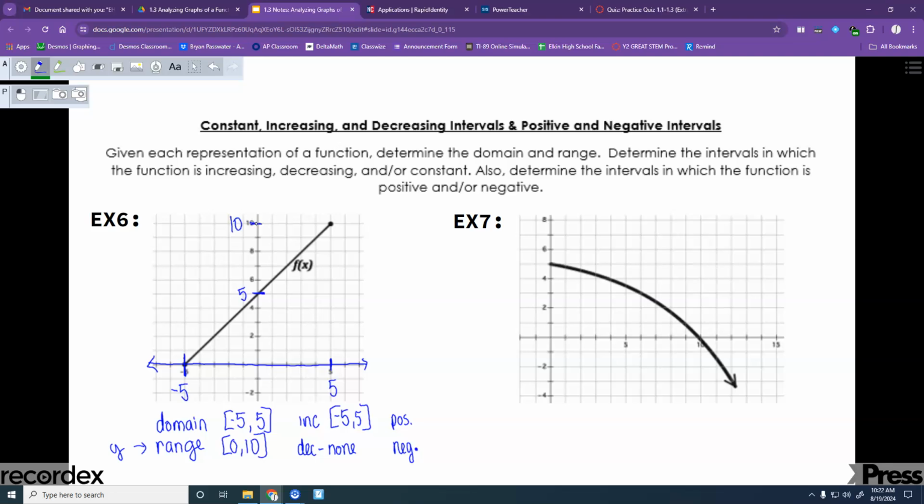No. Is it positive everywhere? Almost. There's one little tiny thing you got to think about right here. At this point right here, the coordinates of that point are -5, 0. And we said to be positive, you have to have a positive y coordinate. Is 0 positive?